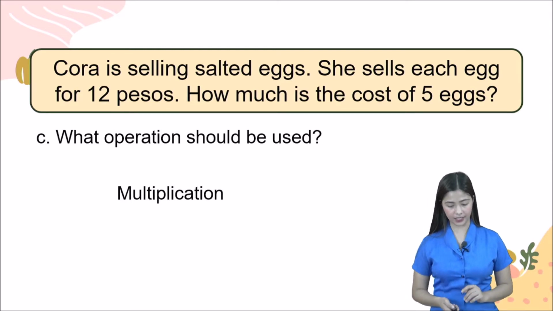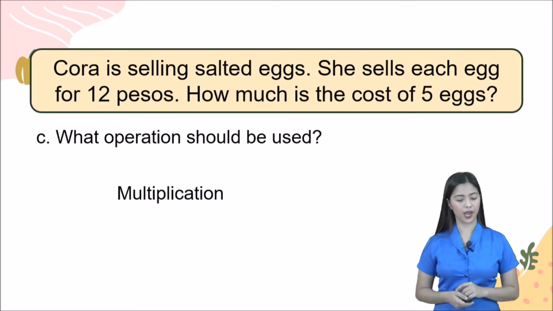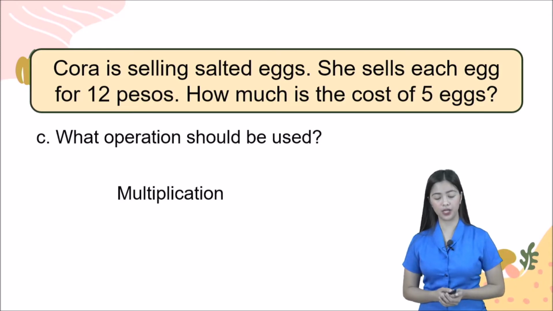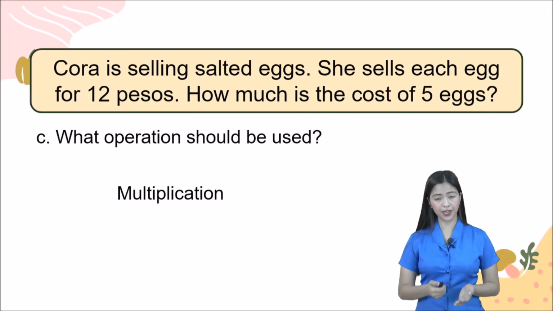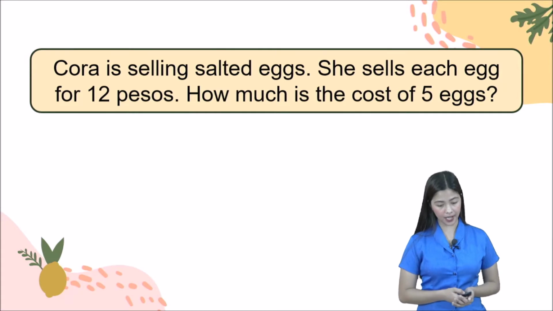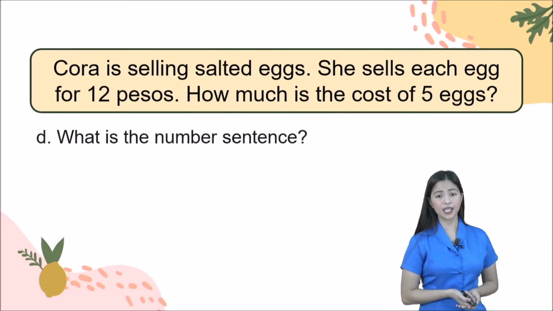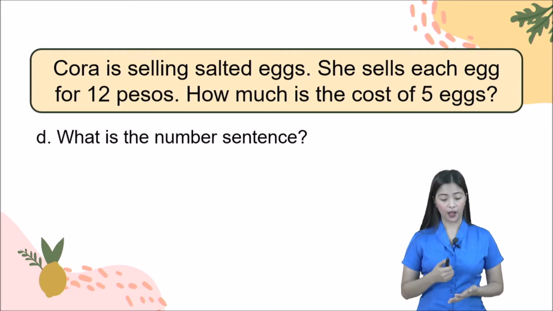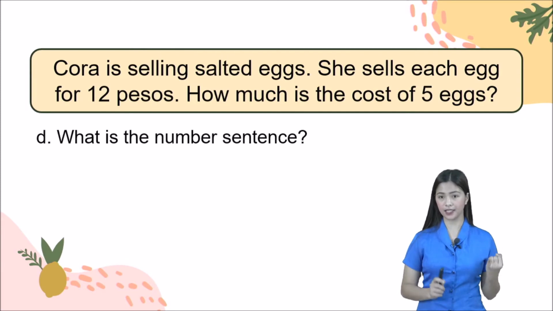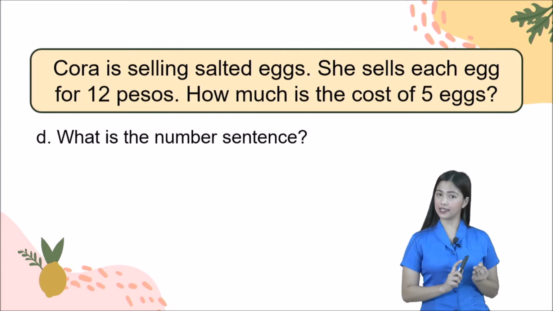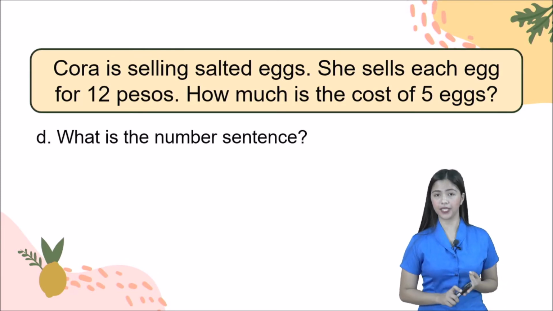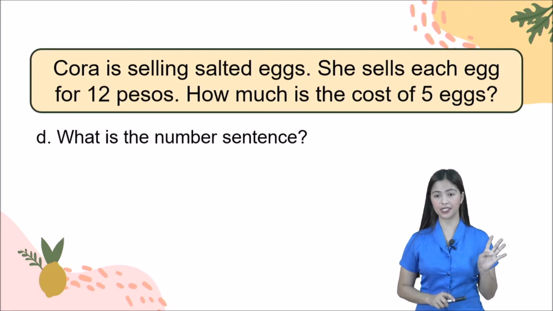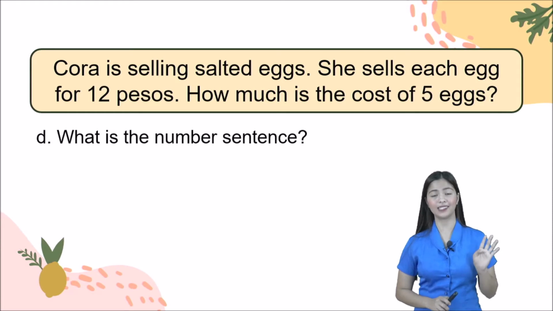Because we already found what operation we need to do, the next step is the number sentence. So again, kids, after finding the given facts, what is asked, and the operation to be used, now we proceed to the 4th step. We need to write the number sentence.